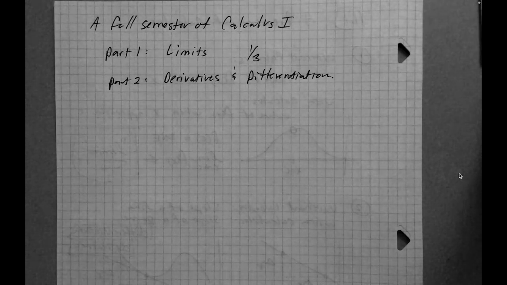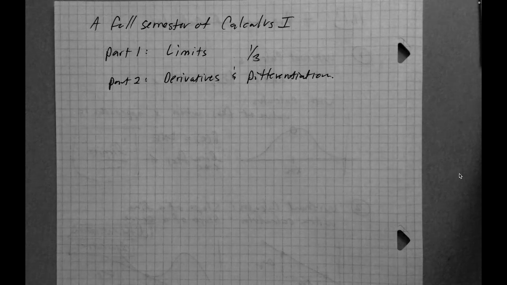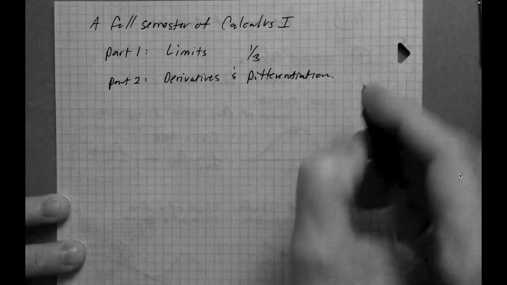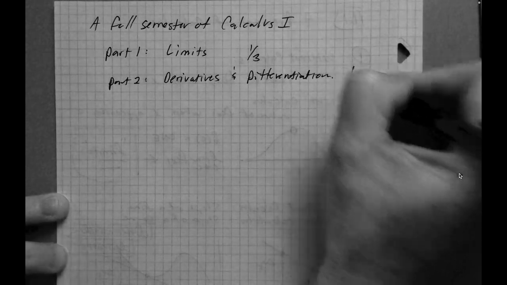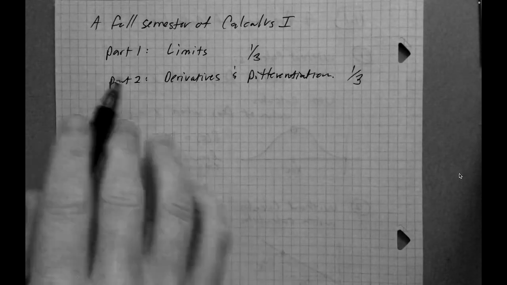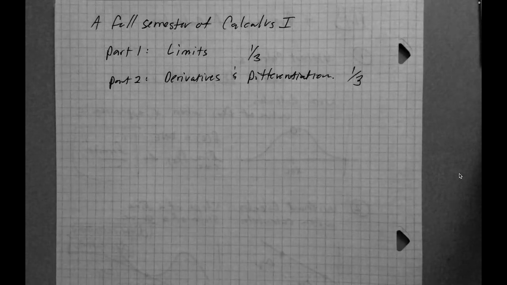We'll talk about a concept called implicit differentiation. We'll get into derivatives of inverse functions, and that'll be the main thrust of differentiation and derivatives. So we'll spend about a third of the class there as well, with some practice too.